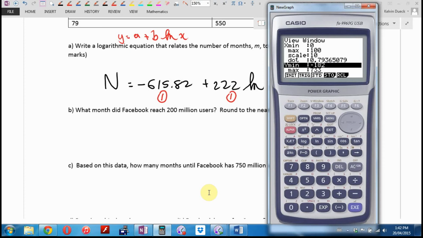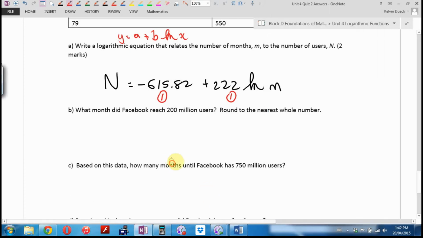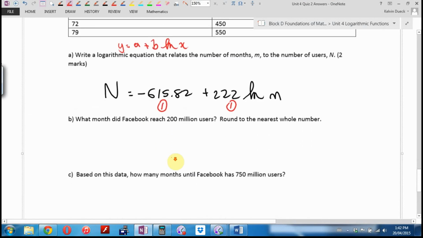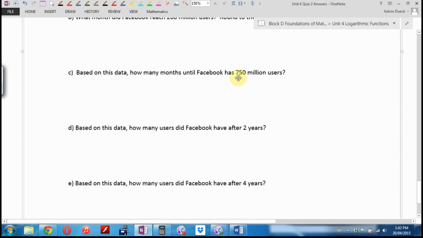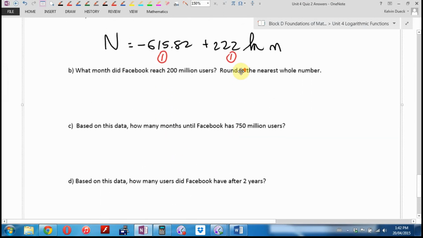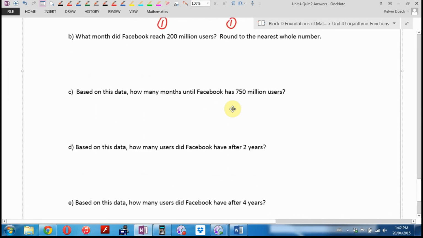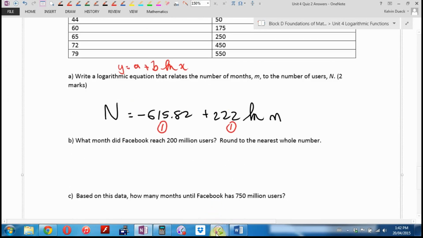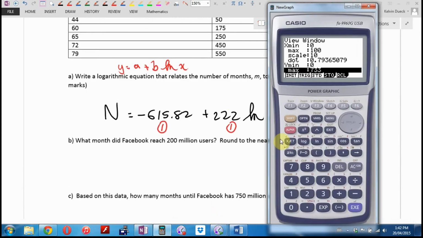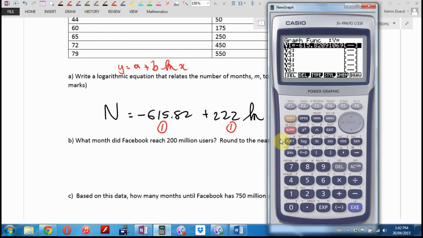Y is million users. You would have started with 0, I know that much. And then looks like the highest we get is 750 million. Is that right, Mr. Dueck? So what's a nice number bigger than... you know what? I'll go to 800. Go up by hundreds. Sure, that works. Draw. Oh. I do this every time. I wish I'd done that on purpose as a reminder. Sadly, I did not. Okay.